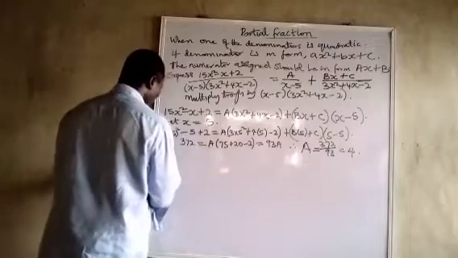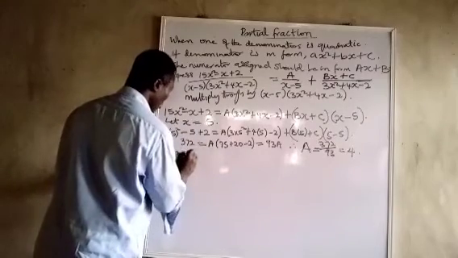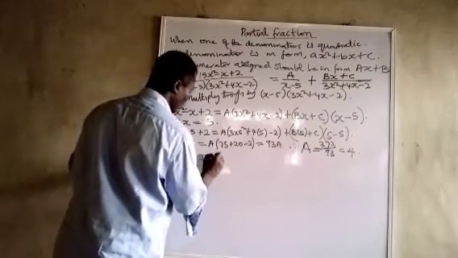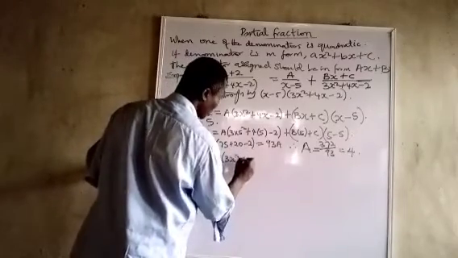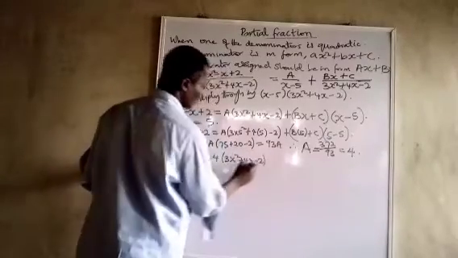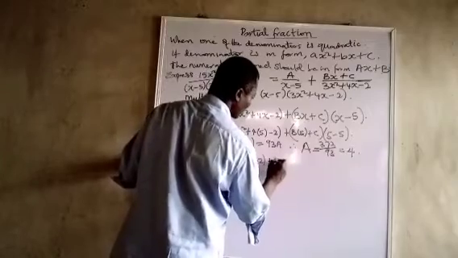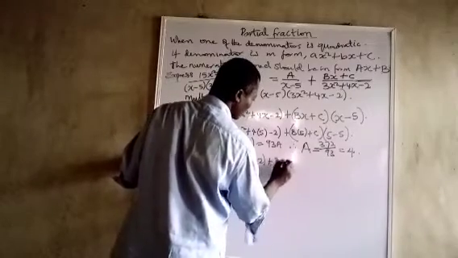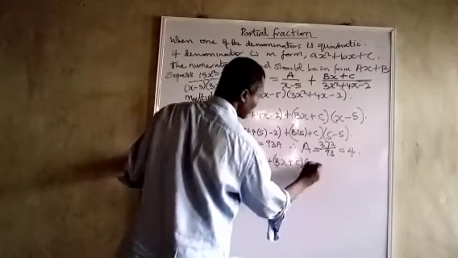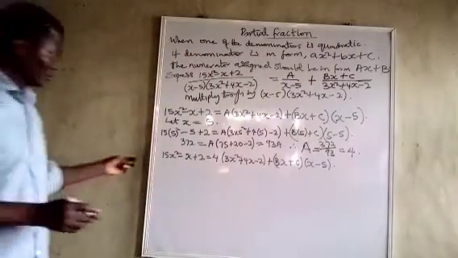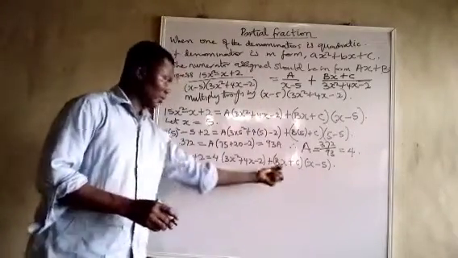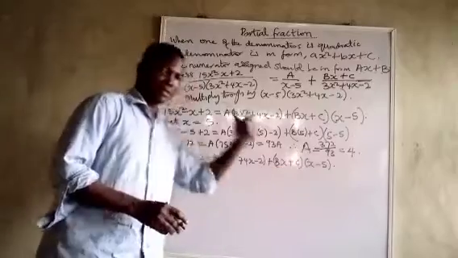So this one can now be 15x squared minus x plus 2 equals 4 into (3x squared plus 4x minus 2), because it's a constant, plus (bx plus c) into (x minus 5). Simple. Now the next thing I can do, I can make x to be 0. It will make this one go away, and every other thing will be easy to work with.